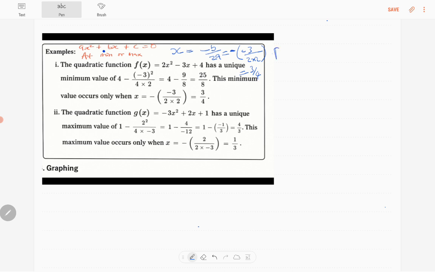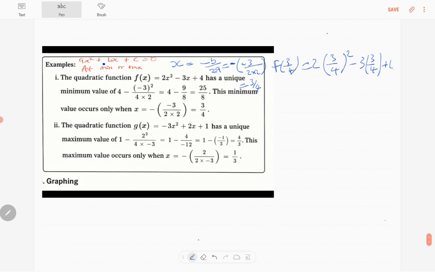We are now to find f of 3 over 4. That is 2 times 3 over 4 squared, minus 3 times 3 over 4, plus 4.